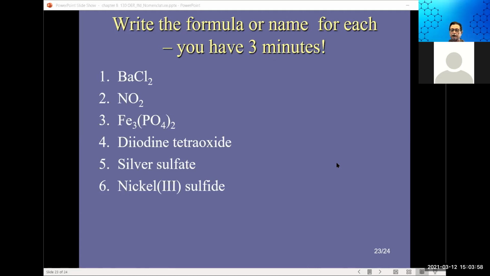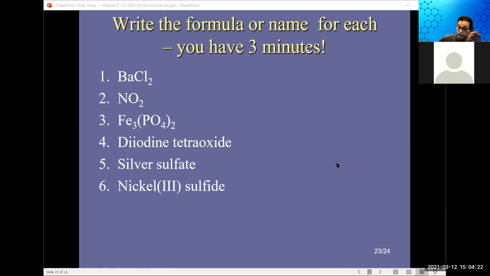Then I look at the iron, Fe. It's not part of the 16, so that tells me that I need a Roman numeral. So the name is iron and phosphate. That part I got figured out.